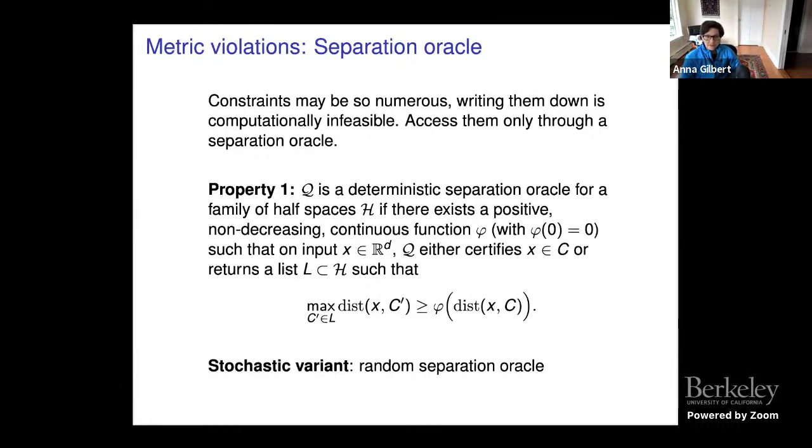Basically we have a deterministic separation oracle that will return a pretty good list of violated constraints. And it's pretty good in some technical sense. They can't be too far, maybe, from being violated. And then there's a stochastic version of this. We just replaced deterministic with a randomized version.